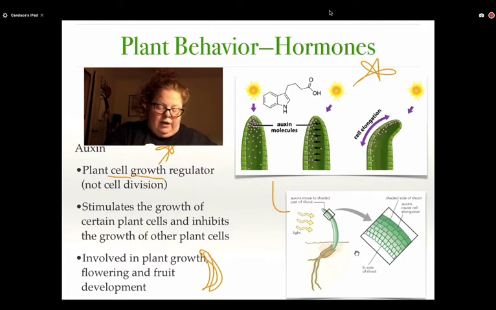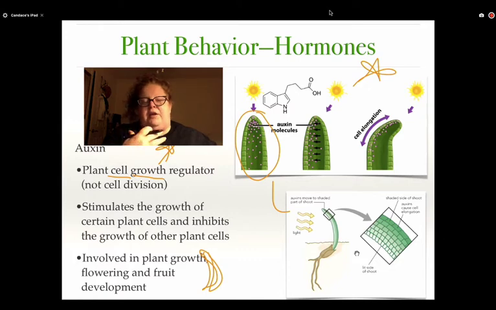So we're going to look at both of these and hope that allows us to see what I'm talking about. If you look at the top one, you'll see that it shows these auxin molecules, and they're distributed all throughout. They're produced in the roots, and they're spread out through the whole plant.